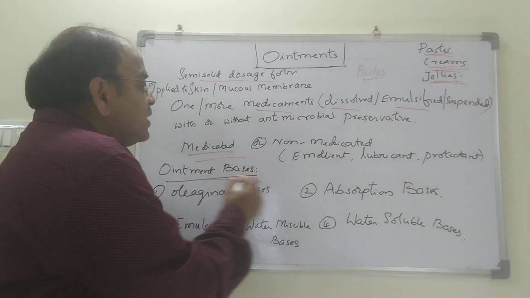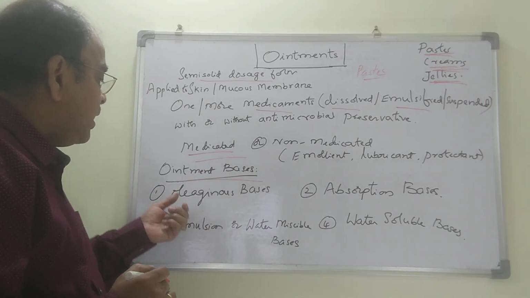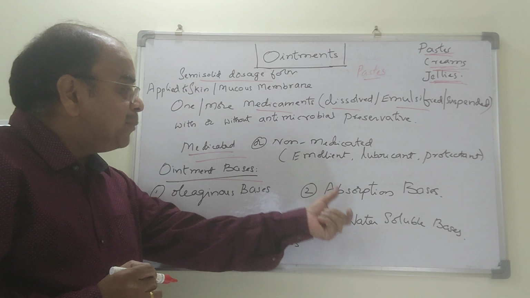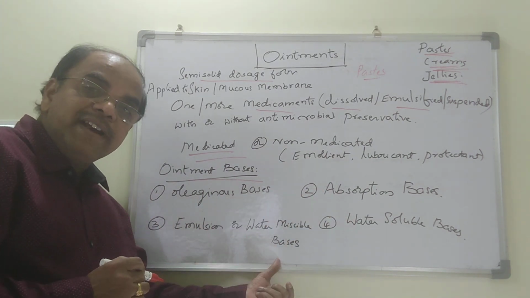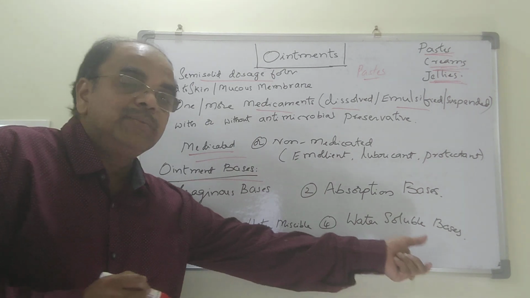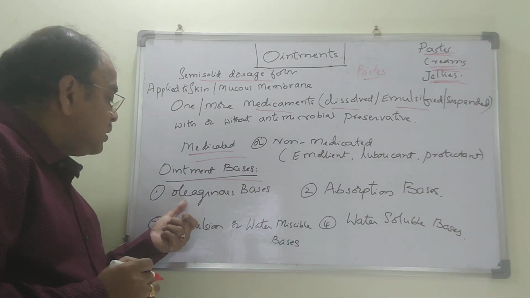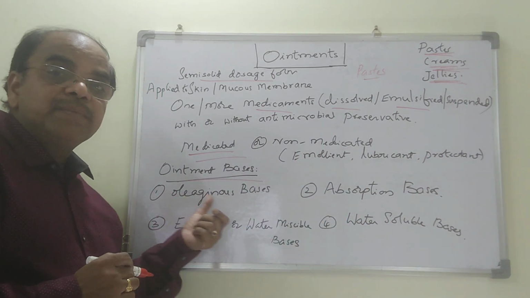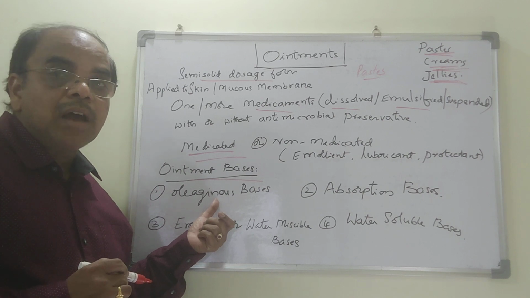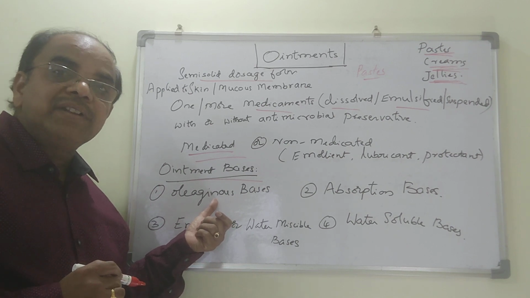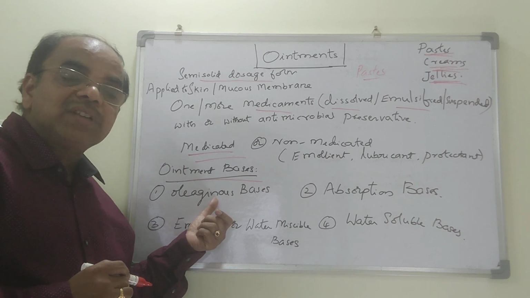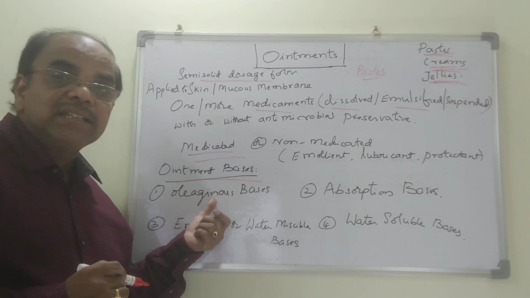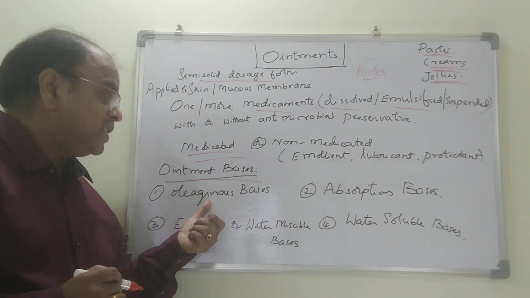And what are the various ointment bases? Oleaginous bases, absorption bases, emulsion or water miscible bases, and water soluble bases. The other name for oleaginous bases is the hydrocarbon bases. Soft paraffin, liquid paraffin, hard paraffin are examples of the hydrocarbon bases, otherwise called oleaginous bases.